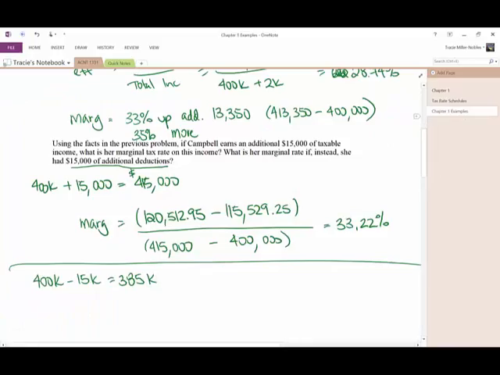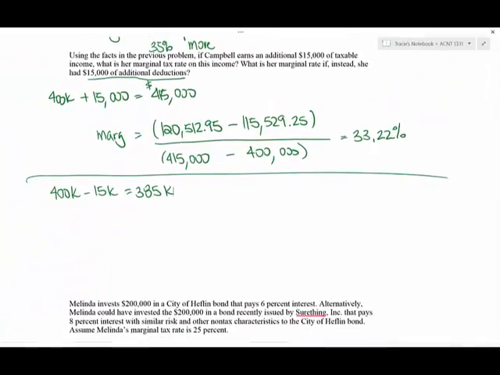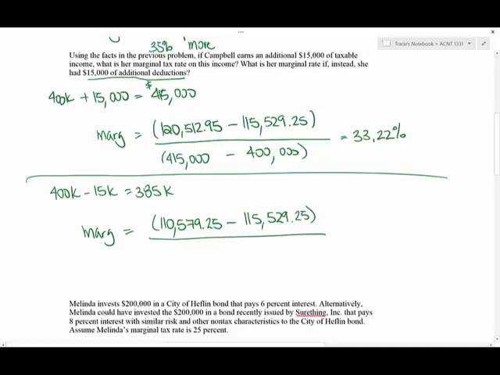Okay, so that's the number that I'm now going to compare to the original answer. So I'll come back over here. Marginal tax: my new tax under this new scenario, 110,579.25, minus my original tax, 115,529.25, divided by my new taxable income, 385,000, minus my old taxable income, 400,000.